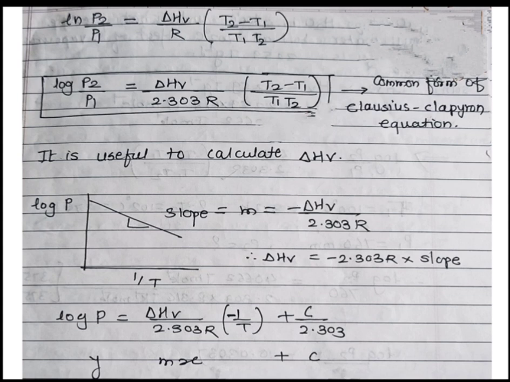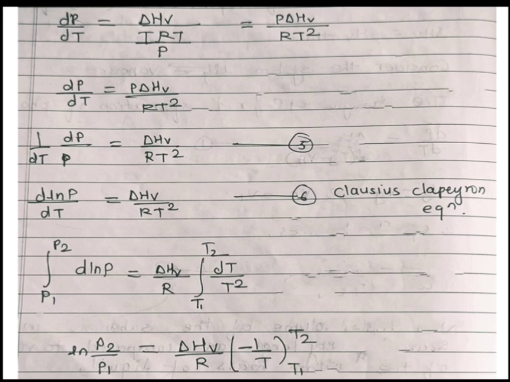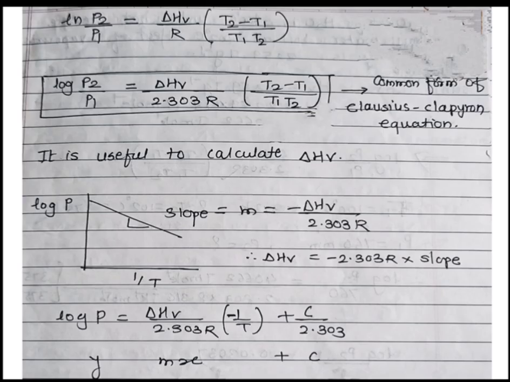So ln of p2 upon p1 is equal to del Hv upon R in a bracket (T2 minus T1) divided by T1 into T2. After putting the limits, log of p2 upon p1 is equal to delta Hv divided by 2.303 R in a bracket (T2 minus T1) divided by T1 into T2.